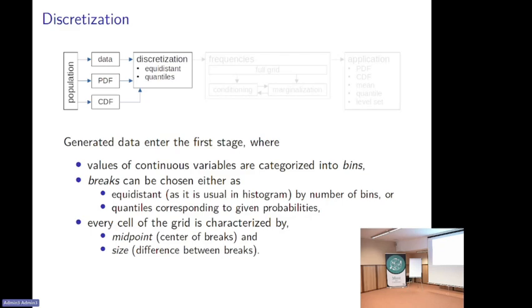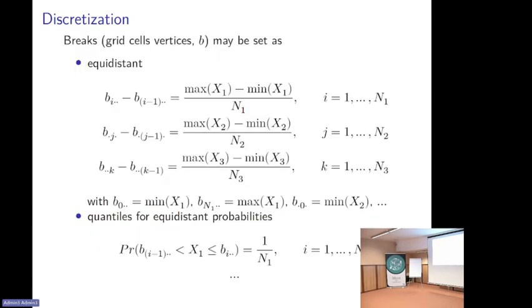And also we will need the size of each cell, which is simply the difference between breaks. Okay. And every quantity, break and midpoint, could have two options of creation. I will talk about this in a while.